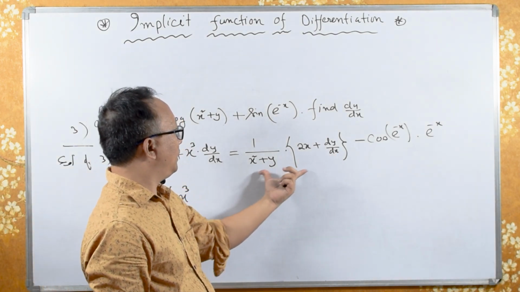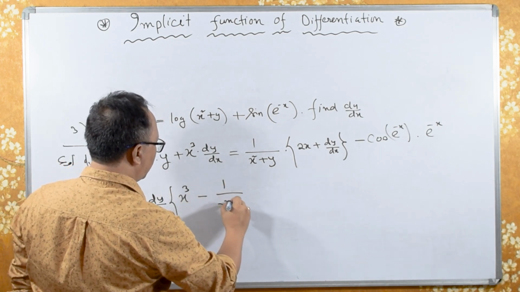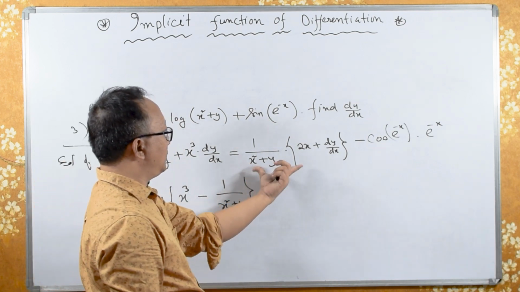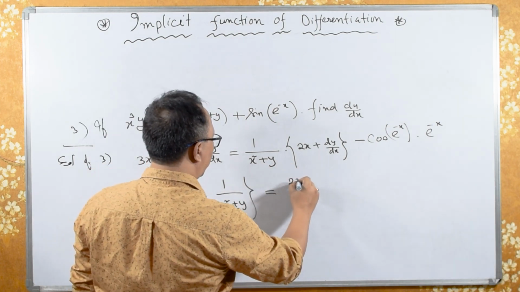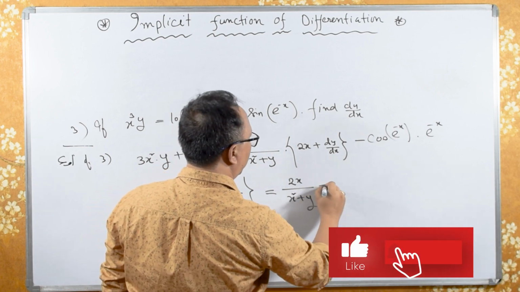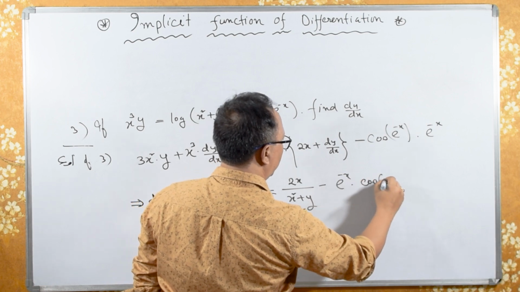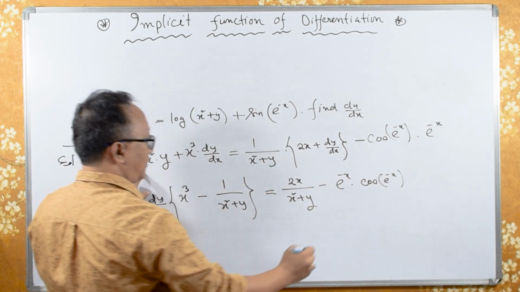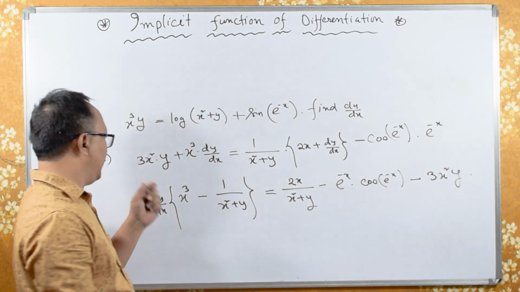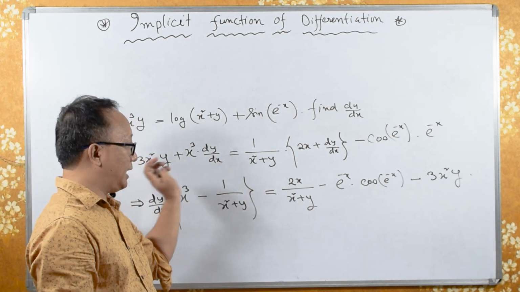Here we have minus 1 upon x square plus y, is equals to this into this, we have twice x upon x square plus y, and this term we have minus e raised to minus x cos of e raised to minus x. We have this term minus 3 x square y. What I am doing is collecting those terms which involve dy by dx, and those terms which are free from dy by dx I am keeping on the right side.